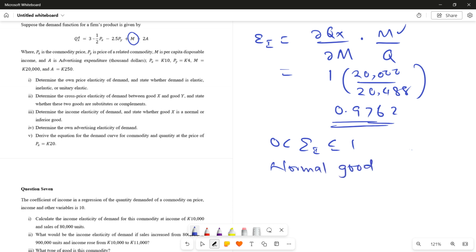So for normal goods, elasticity of income will lie between 0 and 1.